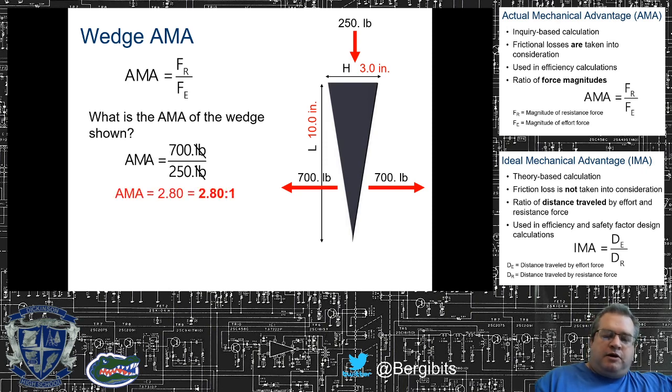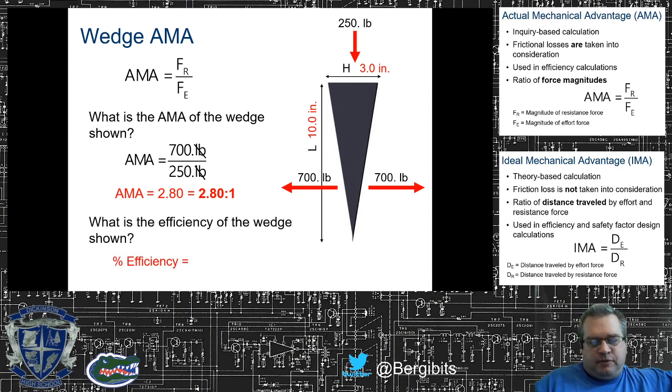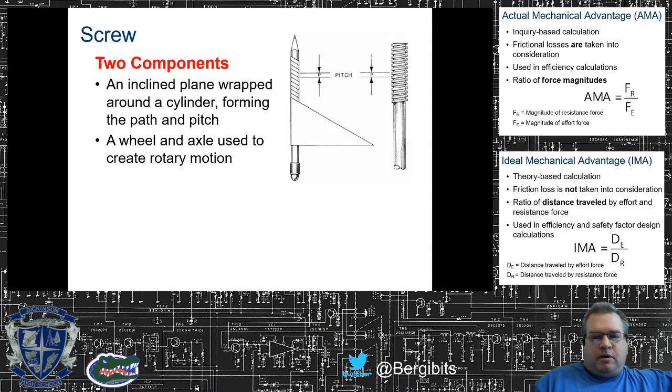The units of measure in pounds cancel out, so it's 2.80 to 1. And efficiency is 2.8 divided by 3.3 times 100 equals 84%. So this is going to have a very low mechanical advantage or efficiency.